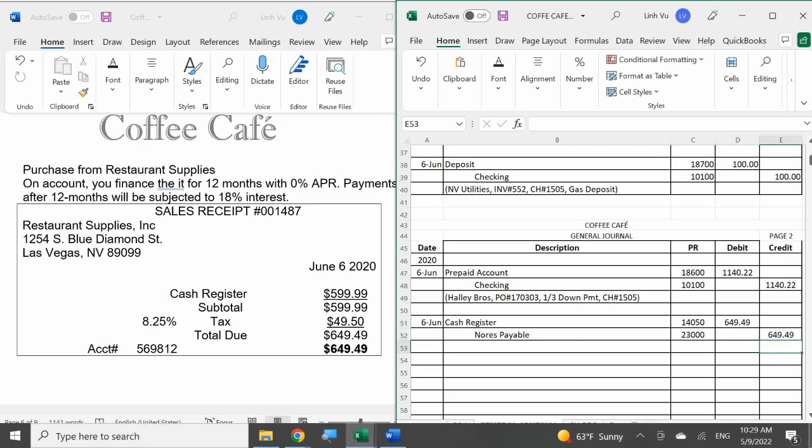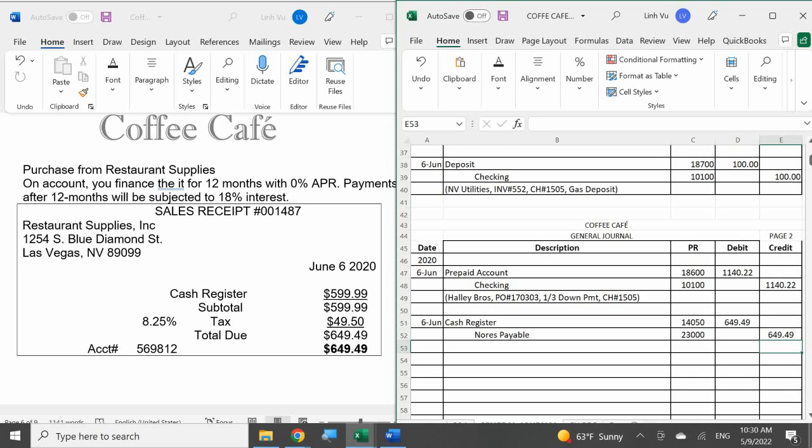We went to the actual store, restaurant supplies, and purchased this in store. And now we're carrying it back to our store. So what are the other extra costs it takes you to get that asset to your store? You need to pay sales tax. Okay, so that's going to be included in the price of the cash register. So right now, my cash register is worth $649.49.